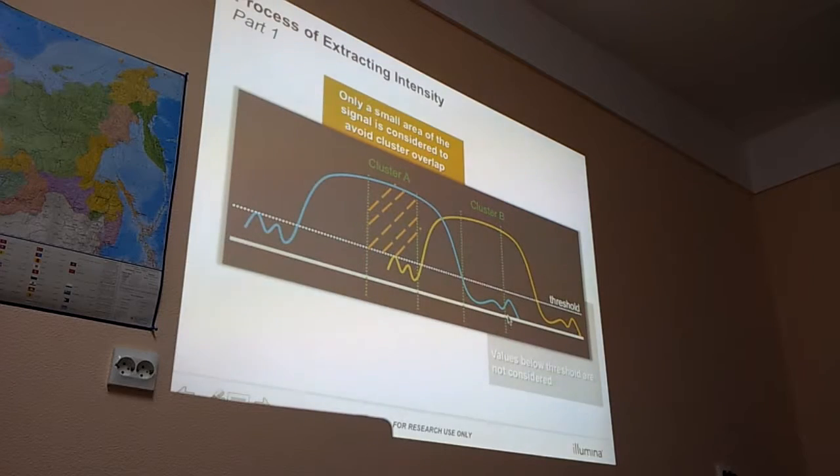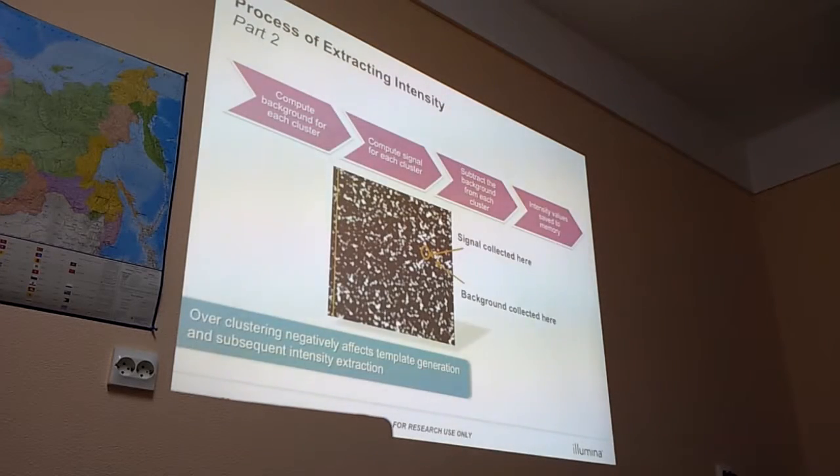Yes, this is about intensity extraction. So it takes in the center of the cluster an area where it should be clean, and it's pretty small. And also it takes a background around the cluster.